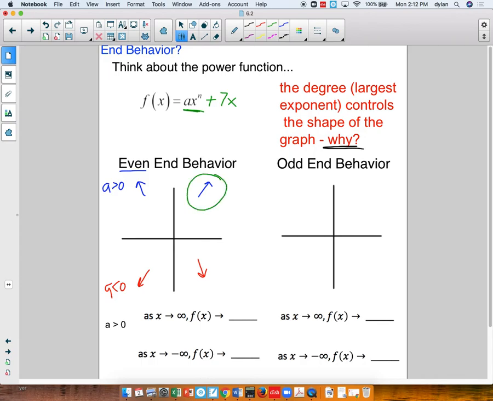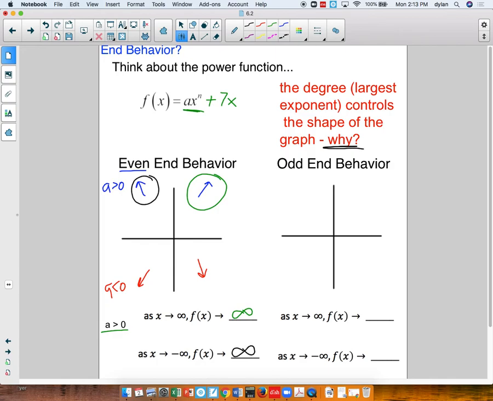That tells you that f of x is also approaching infinity. Y is also getting really large. Now, as x approaches negative infinity, when a is positive, we would be looking at this arrow right here. And so our f of x would also approach infinity.